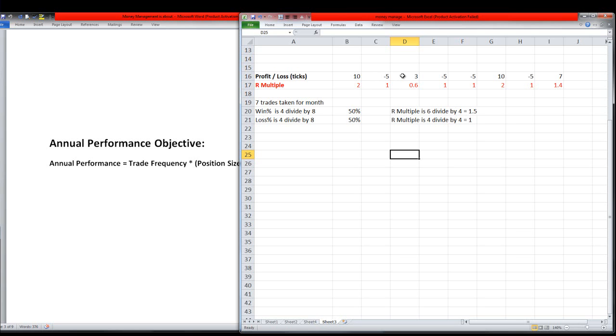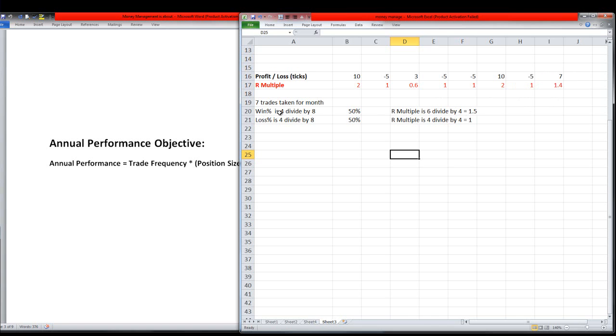Here we've made 3 ticks, so 3 into 5 goes 0.6, a 0.6 gain. Here we've lost 5 ticks again, so it's a 1R loss. Another 1R loss. Another 2R gain. Another 1R loss. And here we've made 7 ticks, so 7 ticks into 5 goes 1.4. So we've made a bit more than what we're prepared to risk, nearly 1.5 times what we're prepared to risk, as far as these trades are concerned.